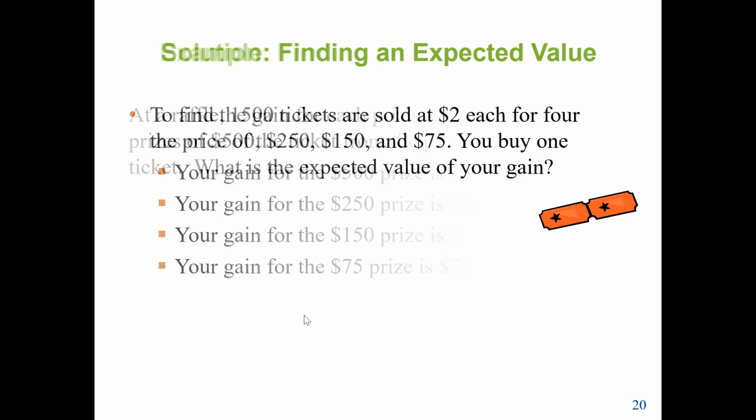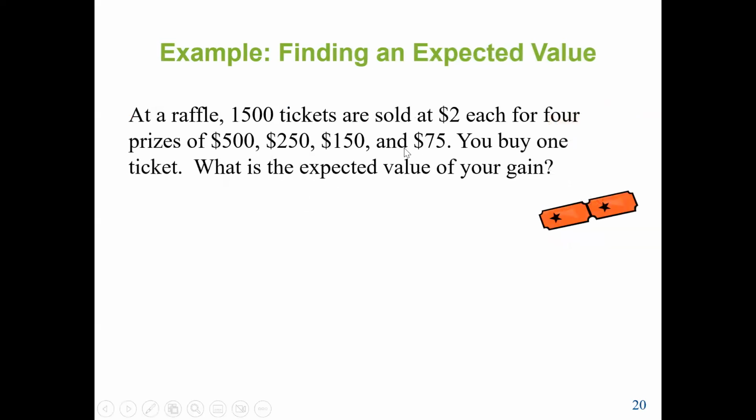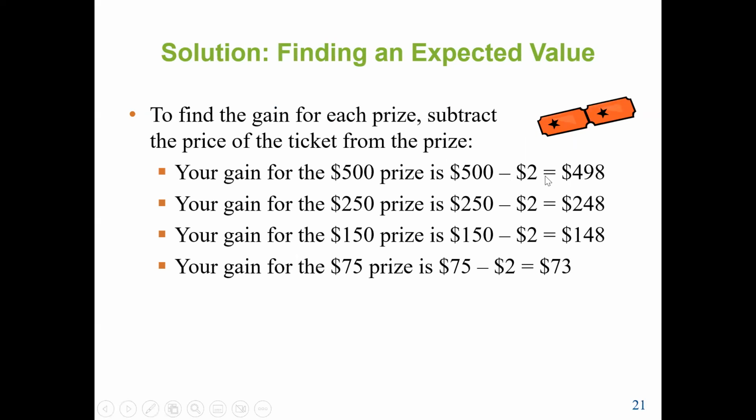So remember, expected value is the same concept as looking for the mean. So we have our category. First of all, the ticket price is given to us to be 2. That's sold at $2 each for these prizes. So we subtract the 2 from each prize, and we get 498, 248, 148, 73.